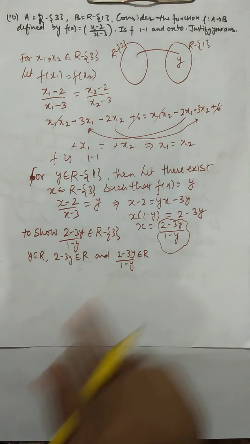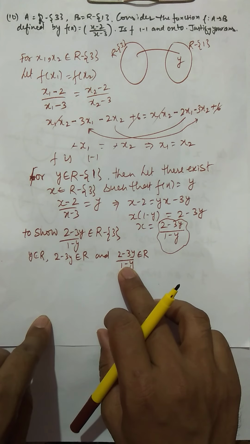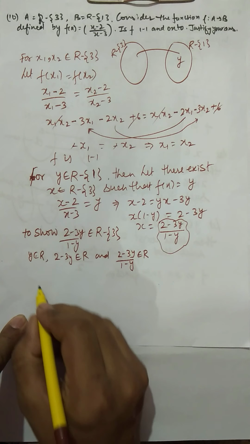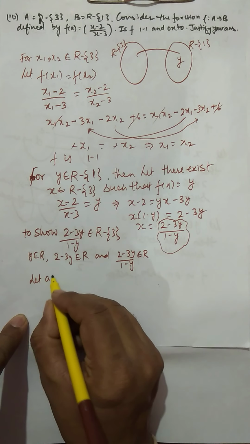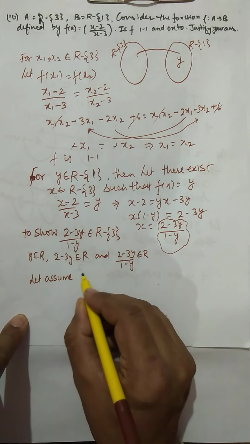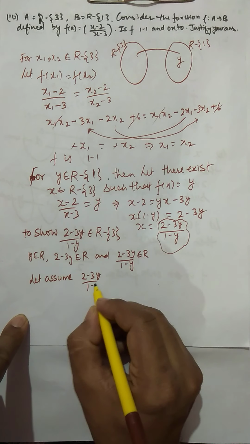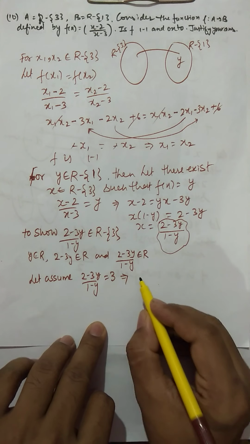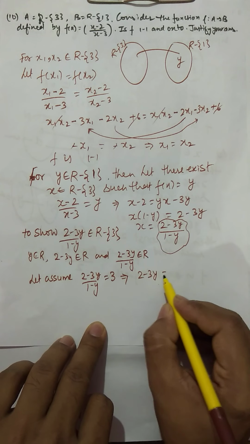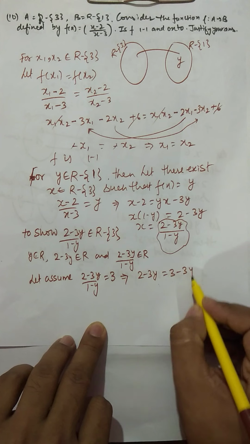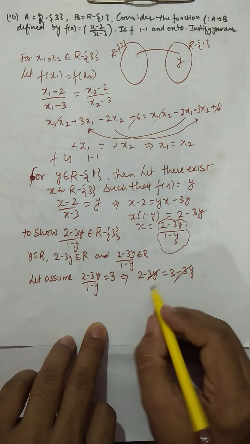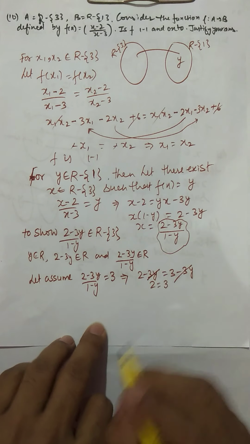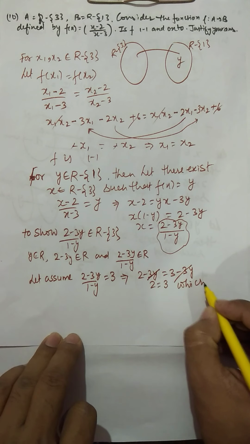Now the next part is that we have to show that this value cannot be equal to 3. So let's assume (2 minus 3y) upon (1 minus y) is equal to 3. So if I simplify this, then 2 minus 3y is going to be 3 minus 3y. So this 3y got cancelled. So this is going to be 2 equal to 3, which is a contradiction.